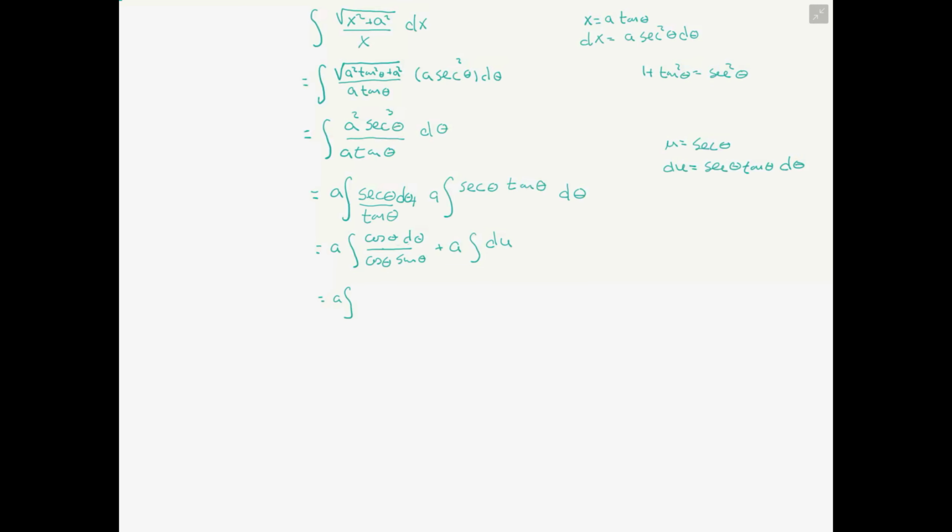Now to my next line, I've got cosecant squared theta plus a u plus c. And I have to do the u substitution.